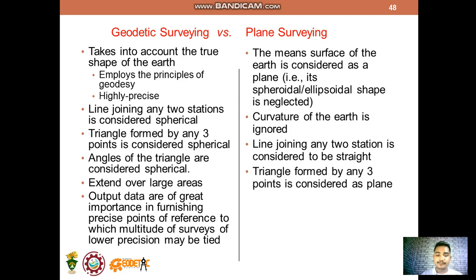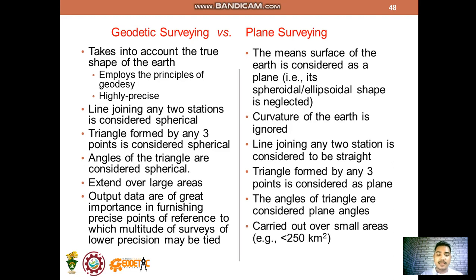The triangles formed by any three points are considered plane. Triangle lang siya, while in geodetic surveying, spherical siya. And the angles of the triangle are considered plane angles, carried out over small areas, which is less than 250 square kilometers. So musulod na karon si reference system diri sa geodetic surveying.